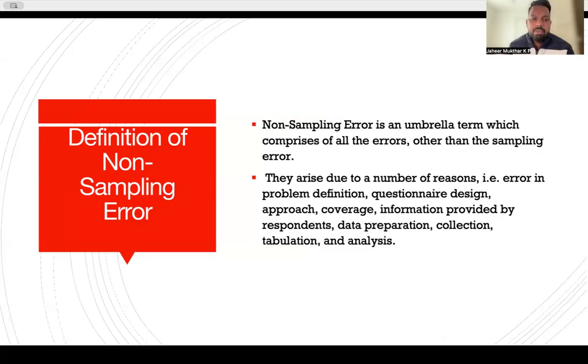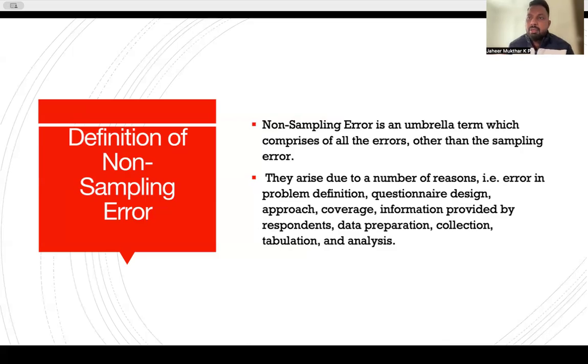So how can we avoid such errors? Sampling error is very simple: only if you enlarge the number of samples that you are taking can you reduce the sampling error. When it comes to non-sampling error, we have to be very specific whenever we are framing the design and the problem definition, and the questionnaire has to be in a proper manner.